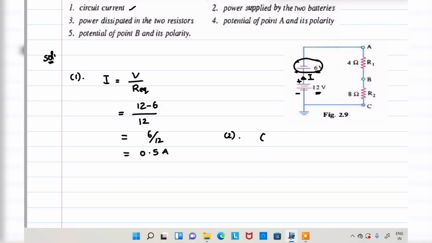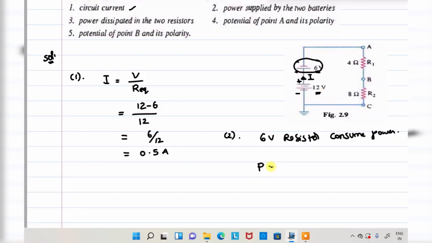That means the 6 volt battery consumes power, because it is oppositely connected to the 12 volt battery, opposite polarity. What about the 12 volt battery? The 12 volt battery supplies the power.